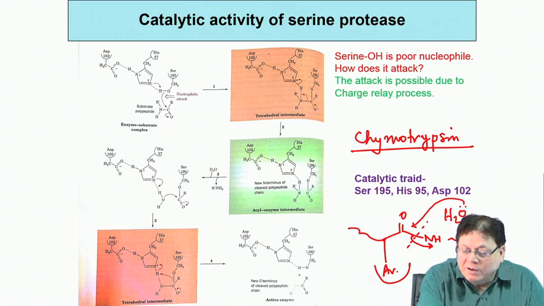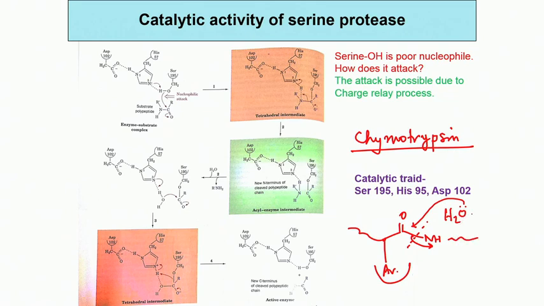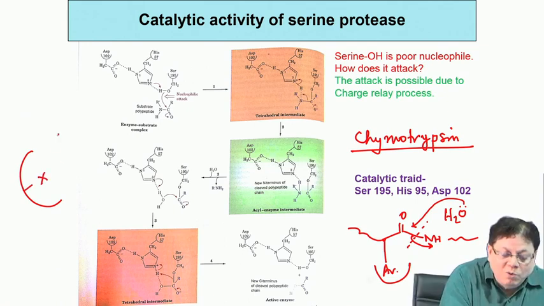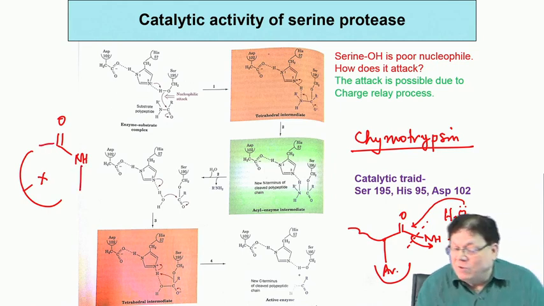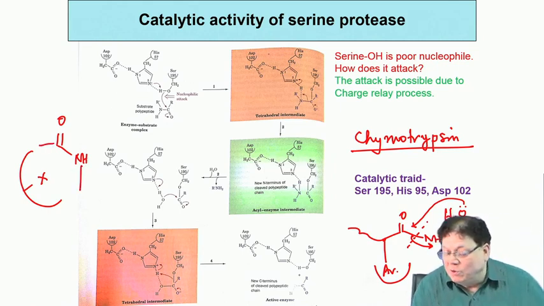Now, there are different proteases. Proteases, again I repeat, are the enzymes which hydrolyze the peptide bond. Okay. There are different types of protease depending on this nucleophile. I said the enzyme must have some nucleophile which is a much better nucleophile than water. Water is not a good nucleophile.